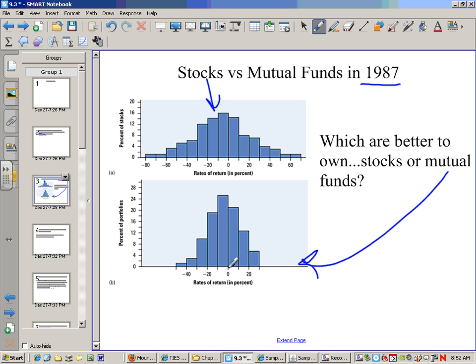And notice how in the mutual funds, nobody made a lot of money and nobody lost a lot of money. Everybody was about the same value, or they were closer. The variability was lower. So stocks are great for making or losing money. Mutual funds are great at holding on to money and increasing a little bit or decreasing slightly.